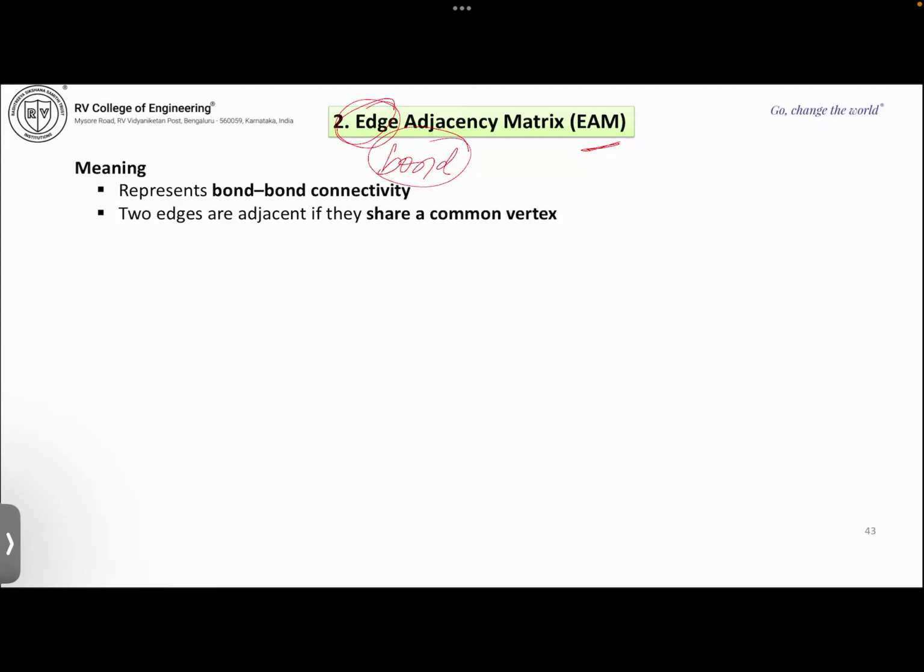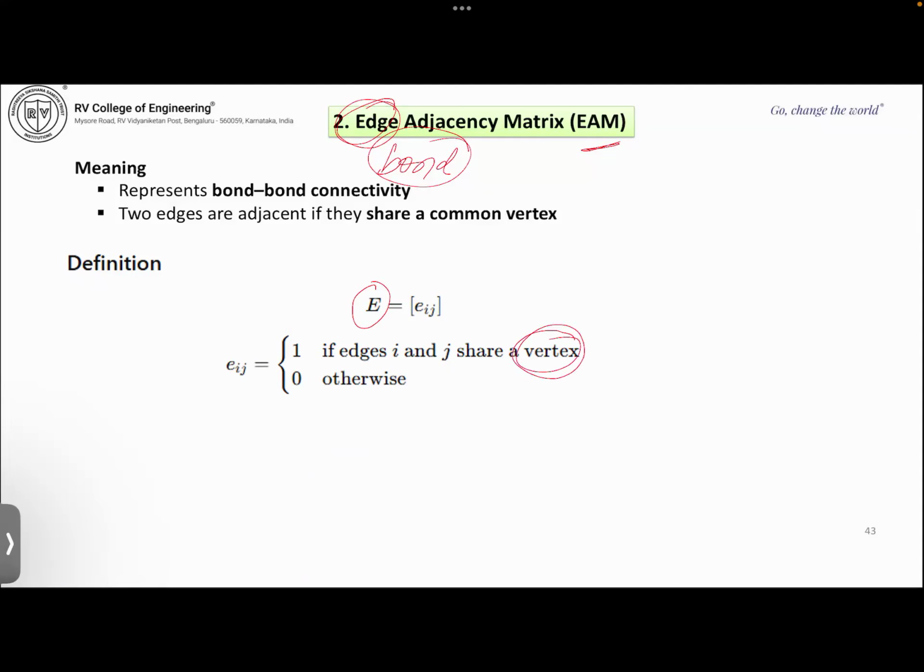Two edges are adjacent if they share a common vertex. In the edge adjacency matrix, Ij, if the two edges share a common atom, a common vertex, then it is defined as 1. Otherwise, it is 0.